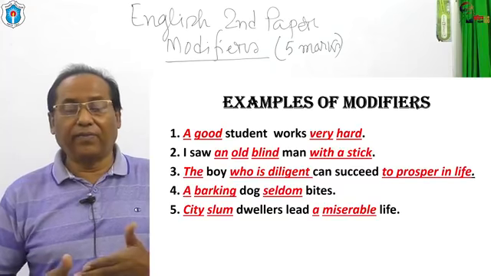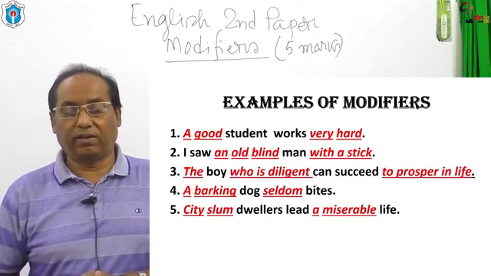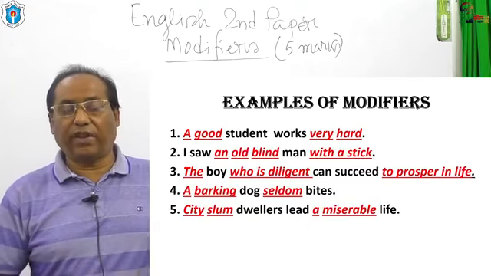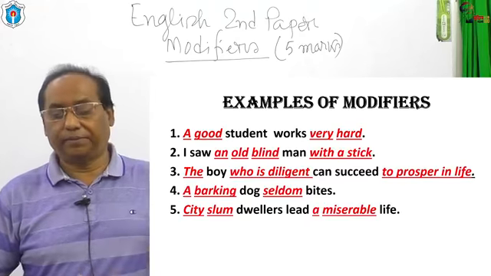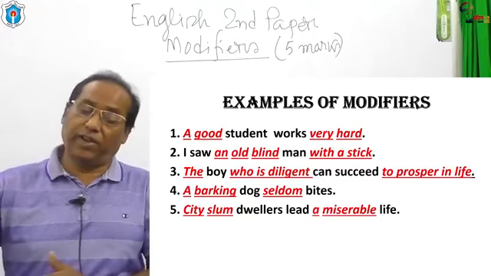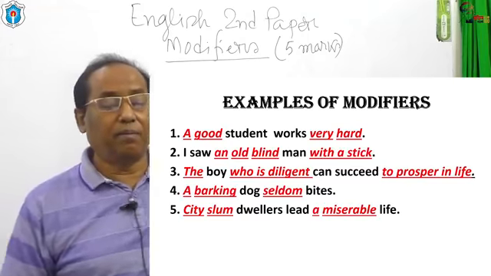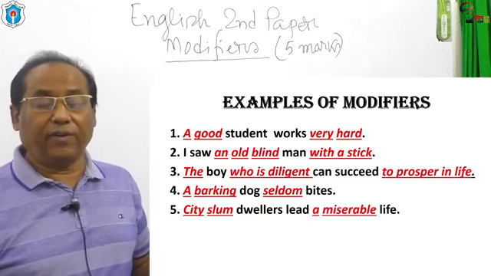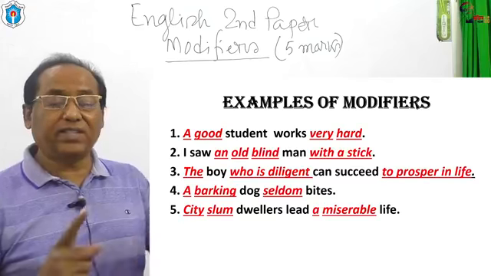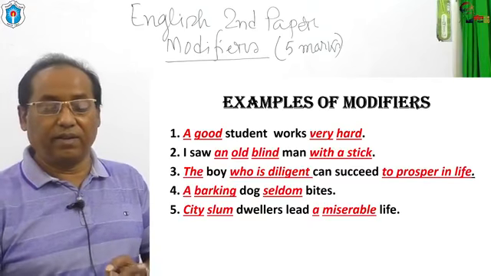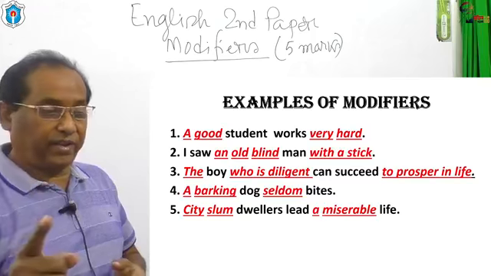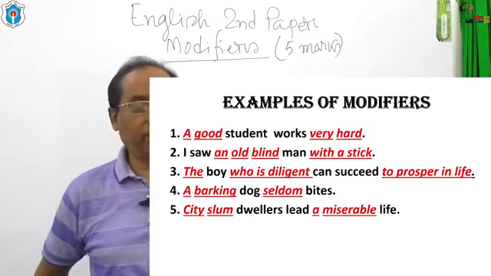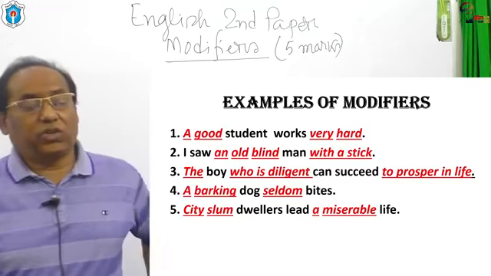The man that carries a stick. Thus, the phrase qualifies man. So, this phrase is also a modifier. So, a modifier doesn't mean only a simple single word. It can also be a phrase like with a stick. See the next example.